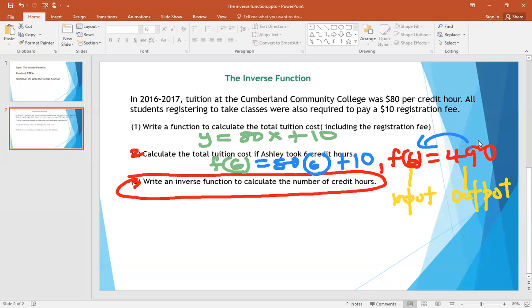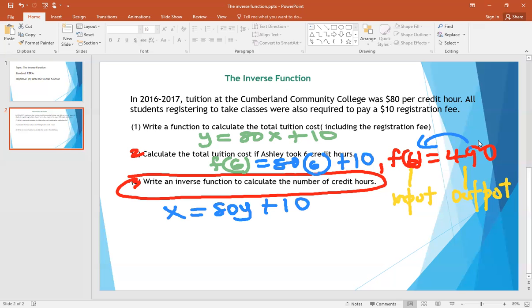Okay, so first we're going to switch x and y. So where y is, you're going to put x, and where x is, you're going to put y. All right.